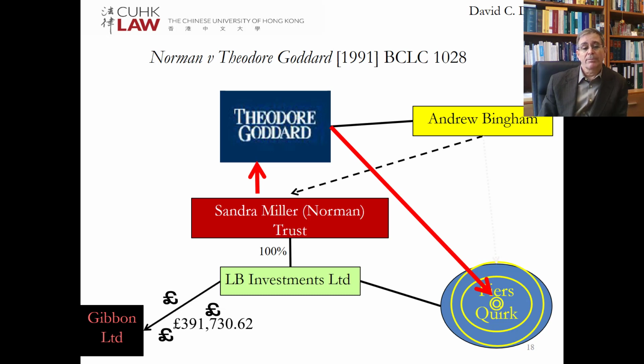And he has got himself in a very difficult situation. Andrew Bingham has now disappeared. And so Piers Quirk is left holding the bag. You'll see in the facts and be able to decide for yourself whether to agree or disagree with the House of Lords on whether Quirk did breach his duty of care.